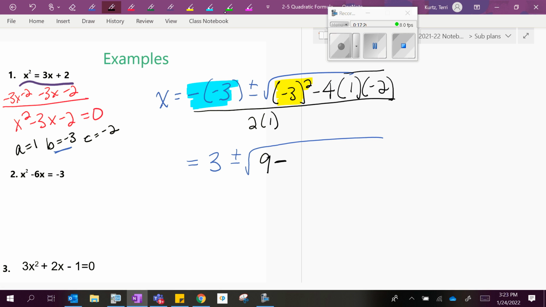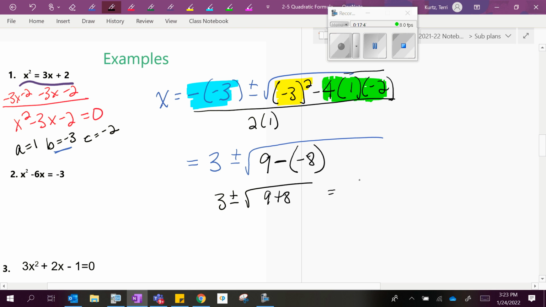And then I'm going to multiply 4 times 1 times -2. And that gives me a -8. So now I'm actually saying 9 minus a -8, which is going to give me 9 plus 8, which gives me 17. Okay. Actually, this is still all over 2.